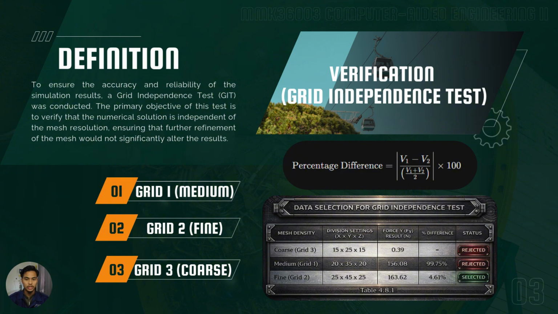Next, the percentage difference, which I calculate using the percentage difference calculation above to find the best mesh density. And lastly, the status, which is the result of the calculation from the percentage difference. From here, as you can see, I choose grid 2, which is a fine mesh, for my project simulation.